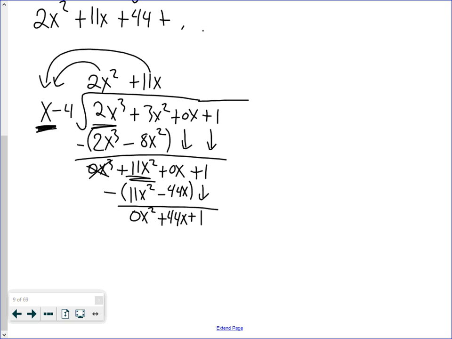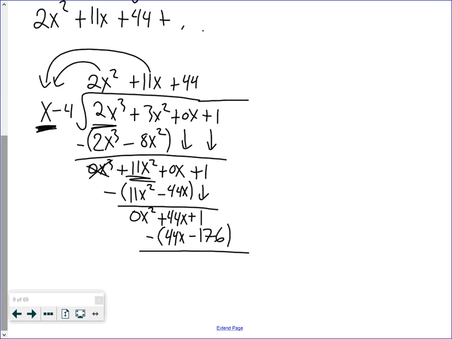And now we're going to do the same thing. x goes into 44x how many times? It goes into it 44 times. Or in other words, 44 times x gives you 44x, and 44 times negative 4 is a negative 176.